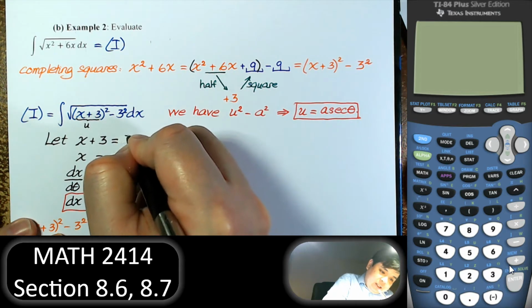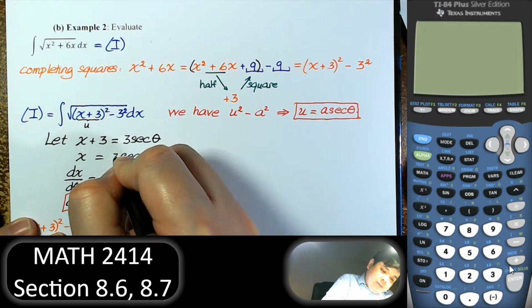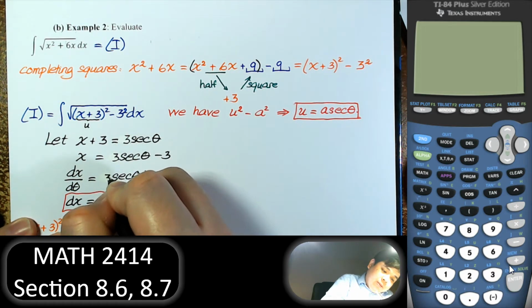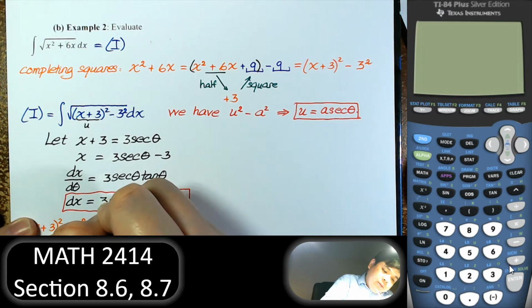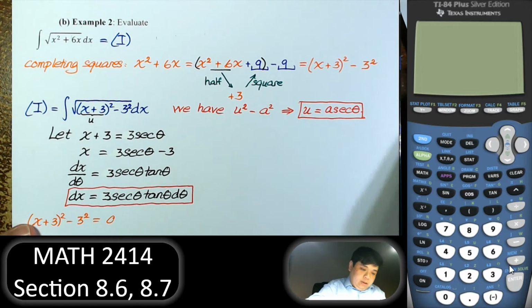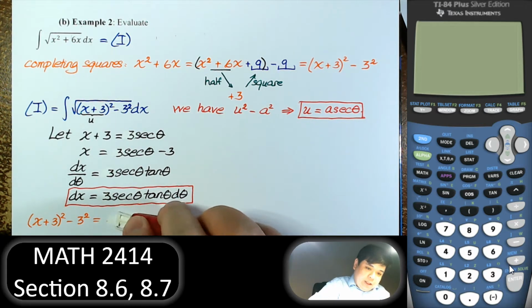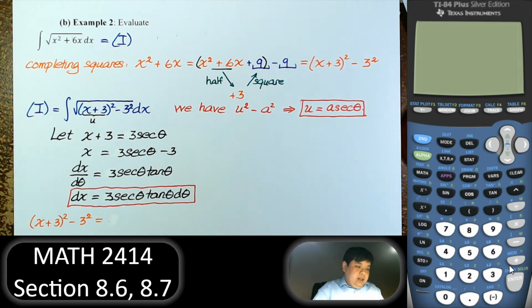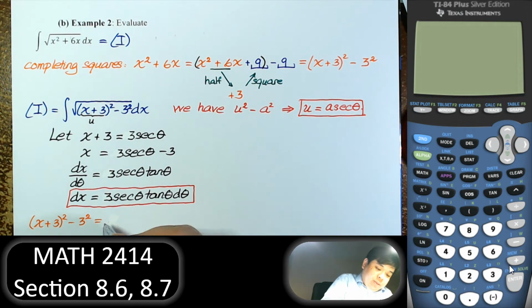In particular, this a is 3, so we choose u 3. x plus 3 is 3 secant theta.